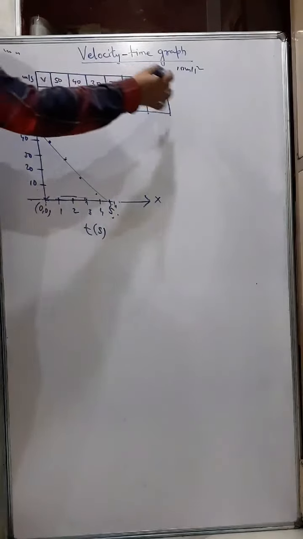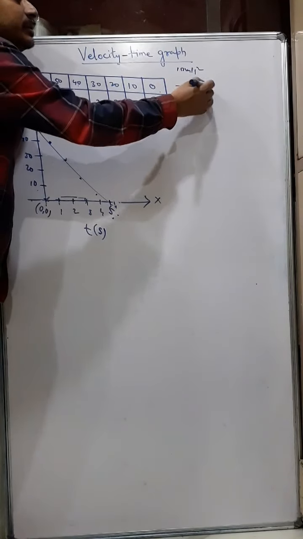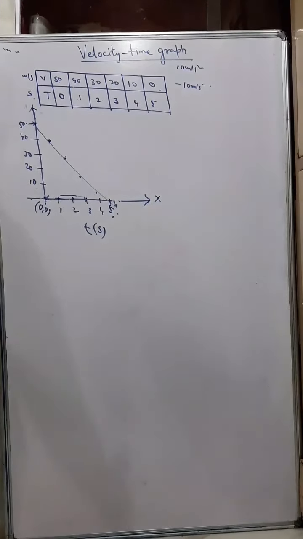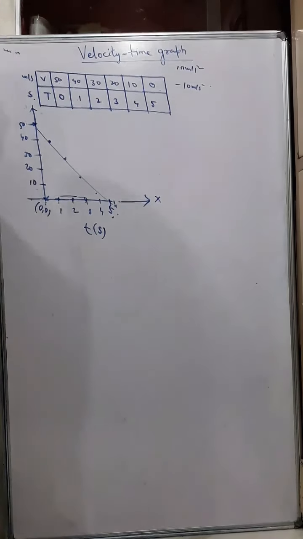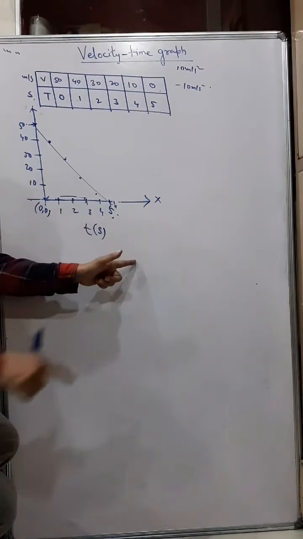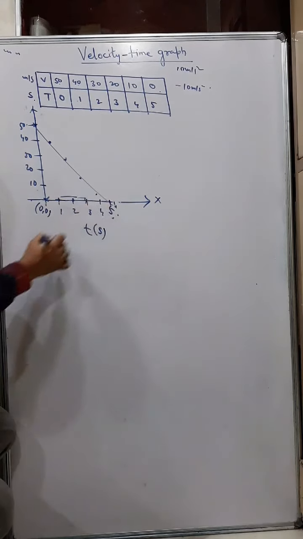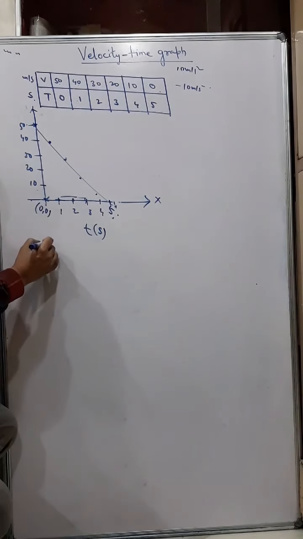Retardation is 10 meter per second square. But if we say acceleration, how much is it? Minus 10 meter per second square. So directly, if I want to get retardation, I generally write negative slope, because it comes that way. But instead of that, I always prefer the following.